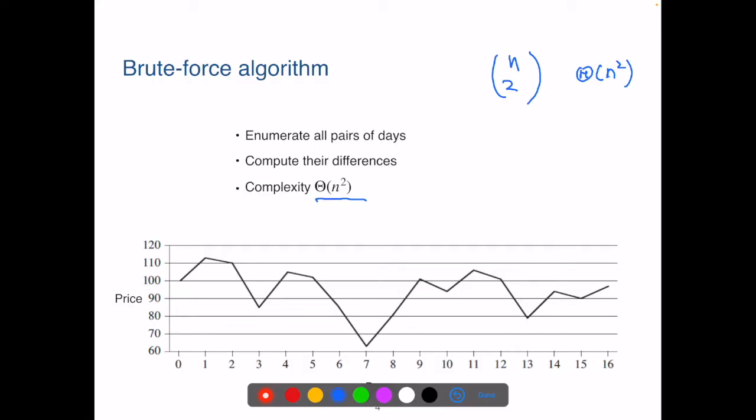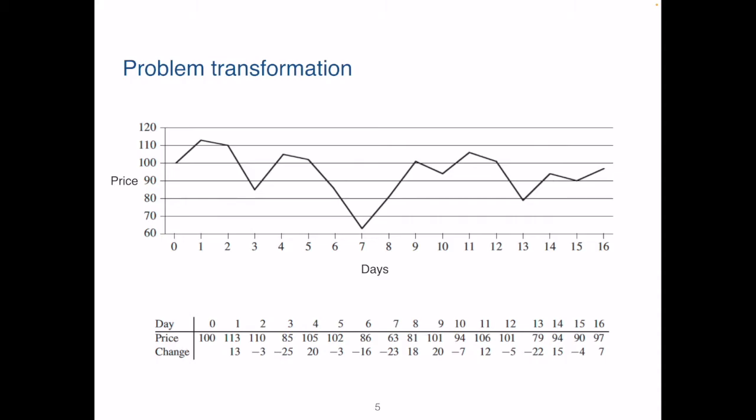Also, up until this point, we should see that whenever we are given a problem, we can always try a naive brute force algorithm first, if all the possible solutions can be enumerated. It gives us a baseline to work with, and we can then try to improve from there. Although this problem can be solved directly, let's transform it into a more general problem by looking at the input in a slightly different way.